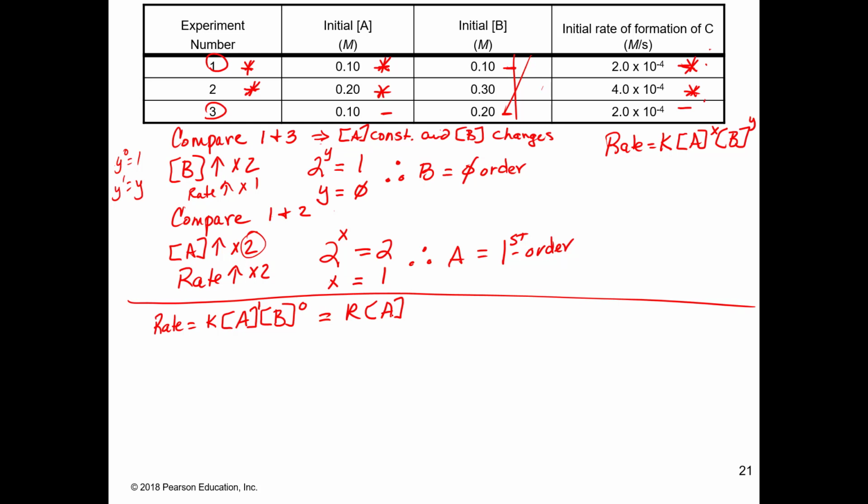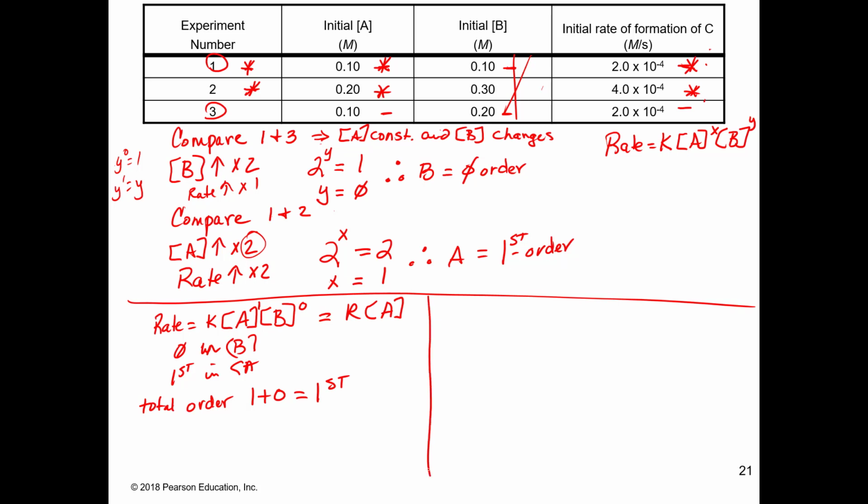Again, there is a section on this in Mastering in the math tutorial, so if you need to go back and review this stuff, go back and review it. Alright, so we are 0th with respect to B, and first in A. So the total order is 1 plus 0 equals 1. So the total order is also first overall.